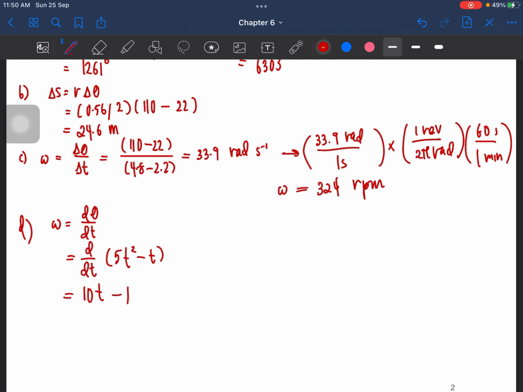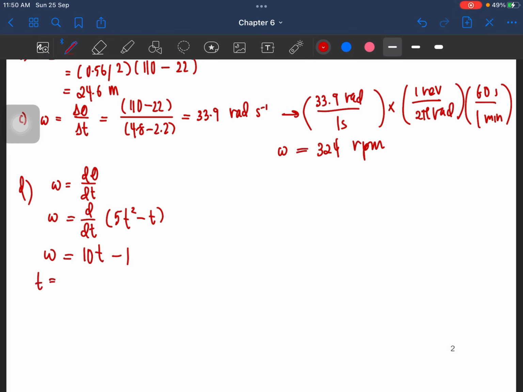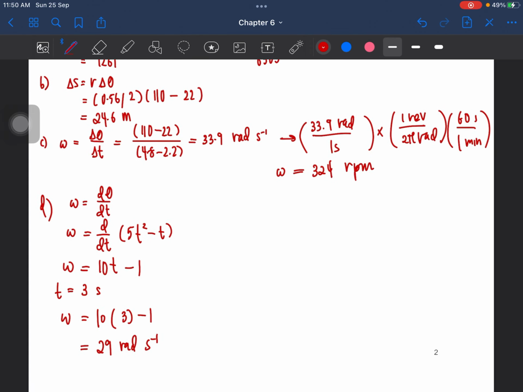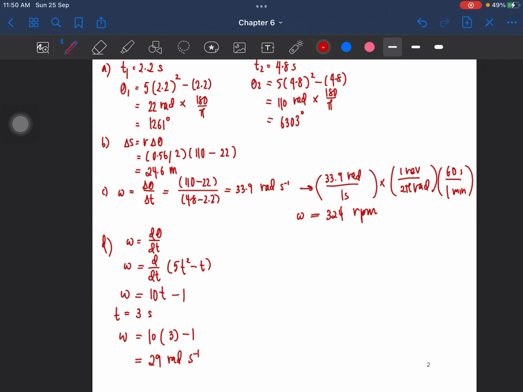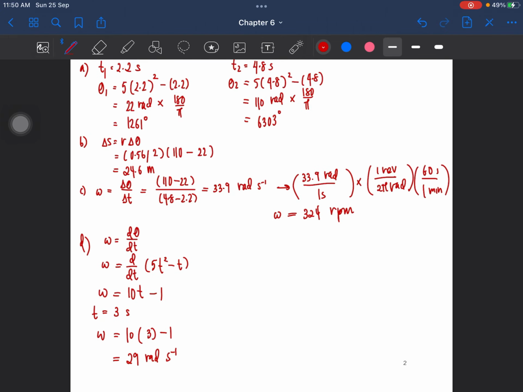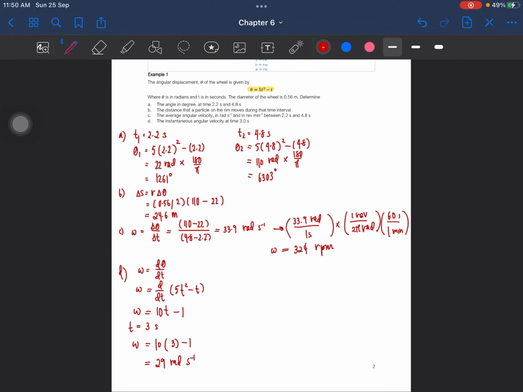From here we get an equation where we can substitute t equal to 3 seconds. So omega equals 10 times 3 minus 1, which gives 29 radian per second as your answer. So this is the solution for example number 1.